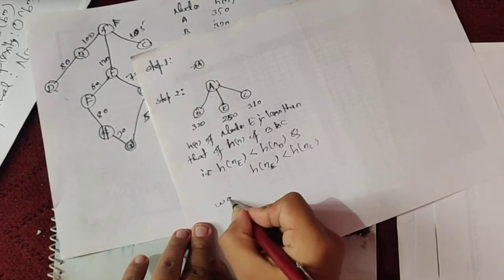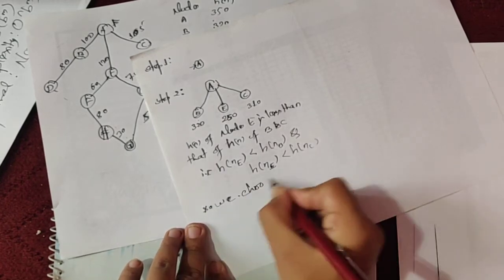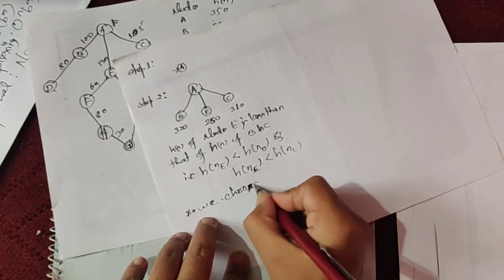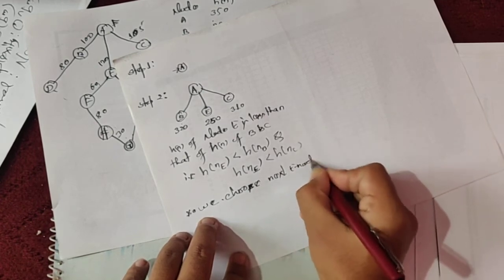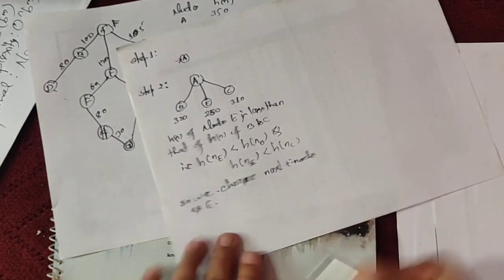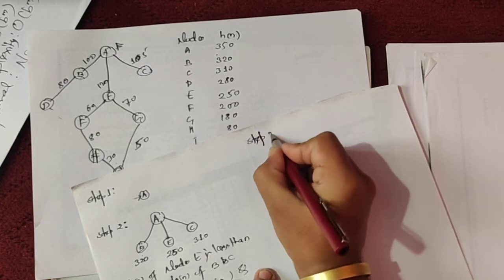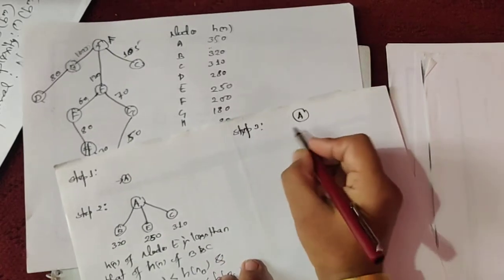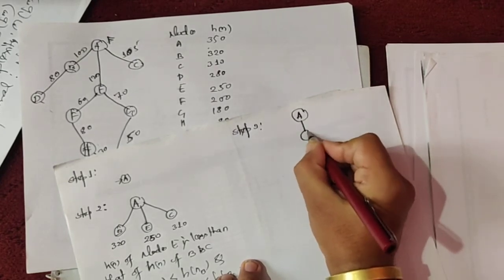So we choose E as the next node. Again we explore node E. We have gone from A, and now we go to E.